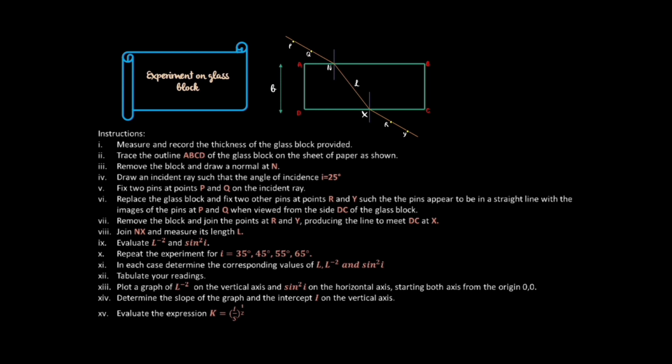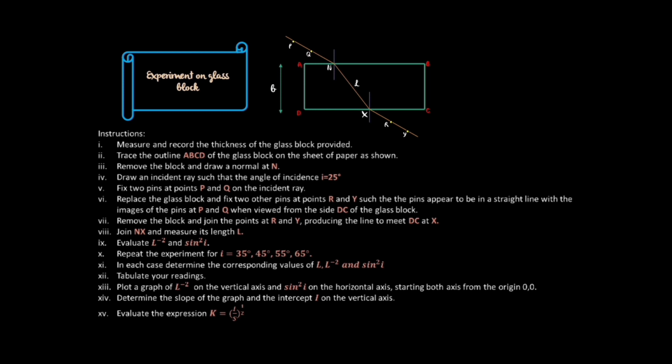Trace the outline ABCD of the glass block on the sheet of paper as shown. Remove the block and draw a normal at N. Draw an incident ray such that the angle of incidence I is equal to 25 degrees. Fix two pins at points P and Q on the incident ray.